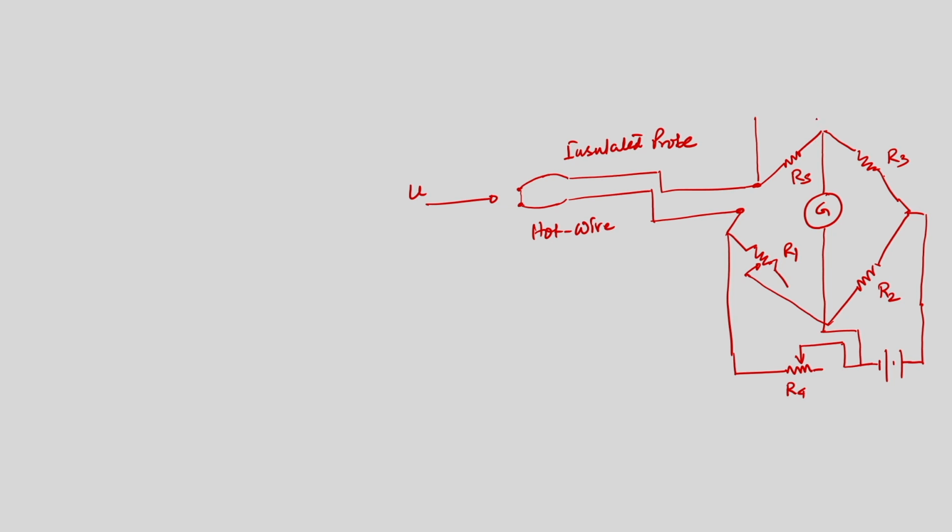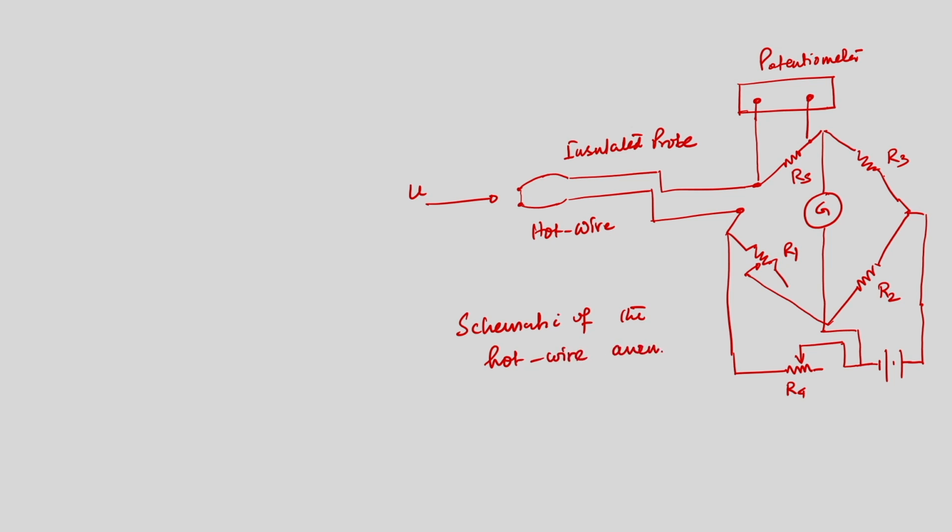And these 2 points are connected to a potentiometer. So, this is a schematic of the hot wire anemometer circuit.